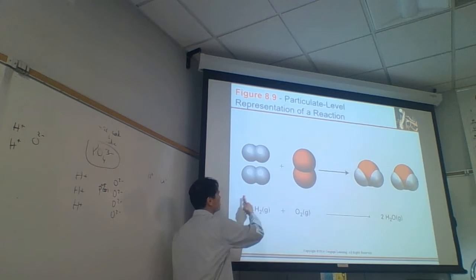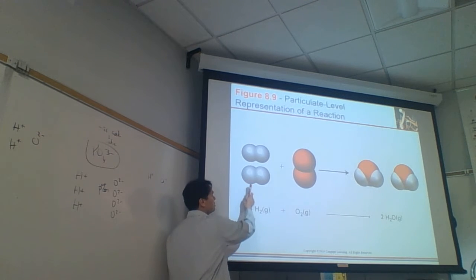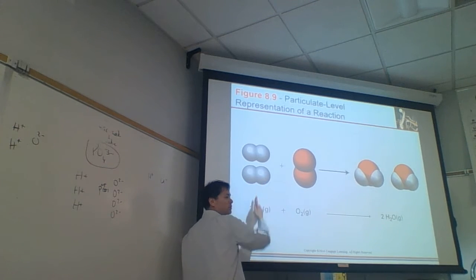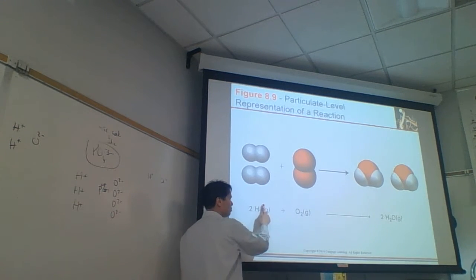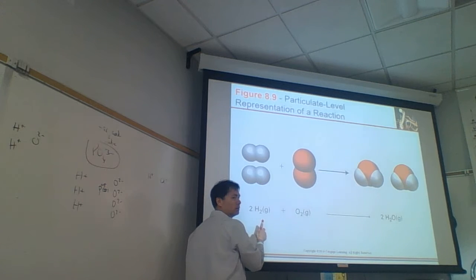What are the charges on each hydrogen? This is +1, this is +1, so the whole thing is +2. So each hydrogen is 2+, and we have 2 of these, so altogether 4 positive charges, is that correct?